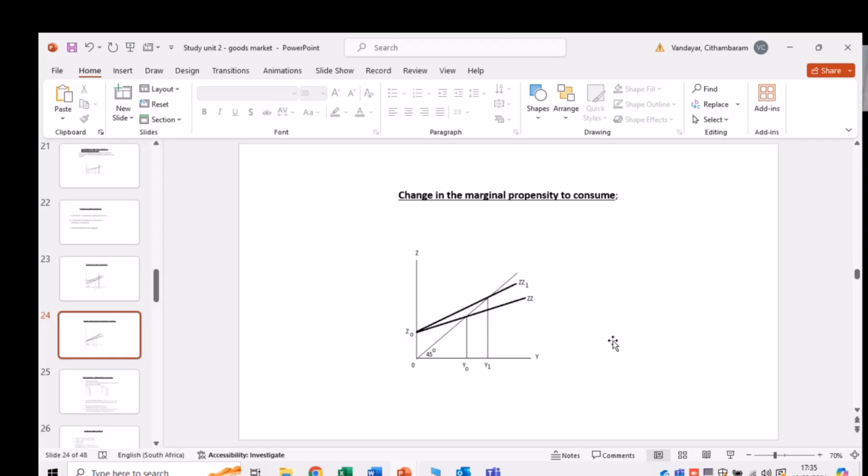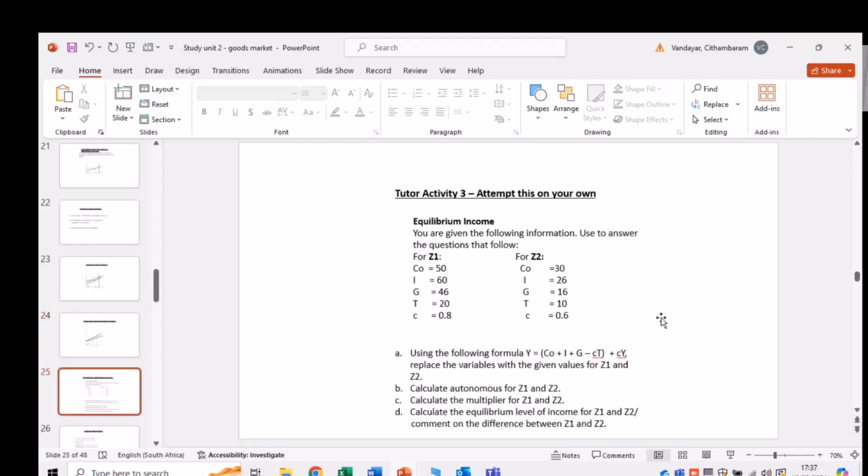In this case, your original demand curve was ZZ. It cut the 45-degree line at Y0. If there's a decrease in the MPC, you'll have a downward swivel in the curve. The curve will be flatter, and there'll be a leftward shift, a decrease in your level of income and output. So it's the opposite.